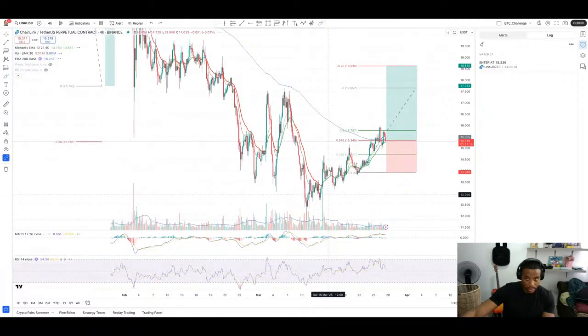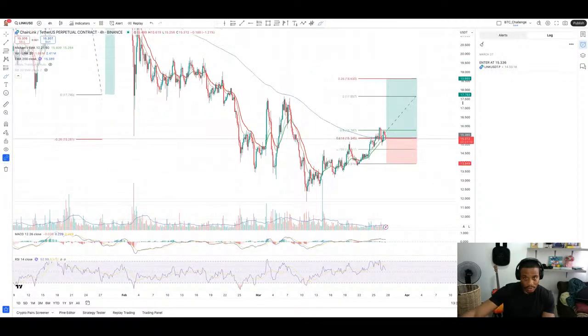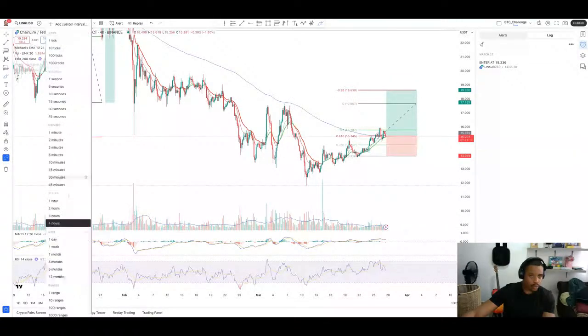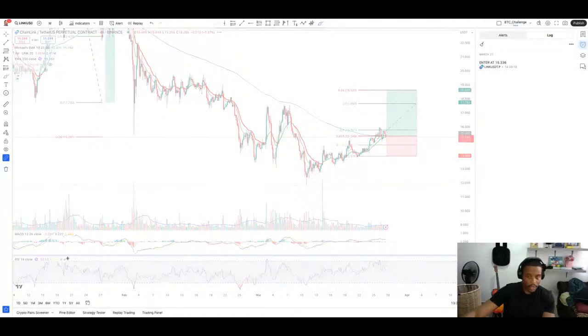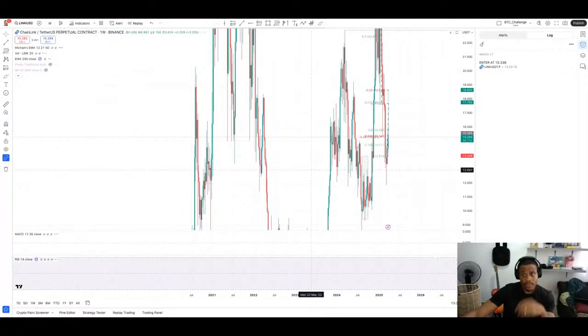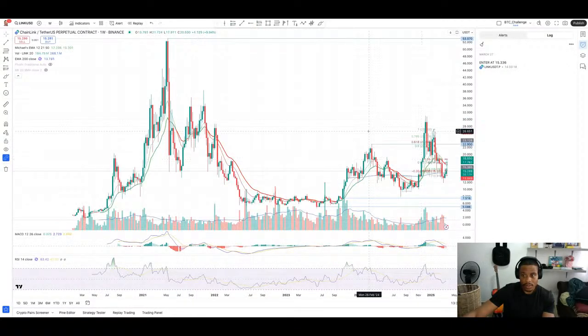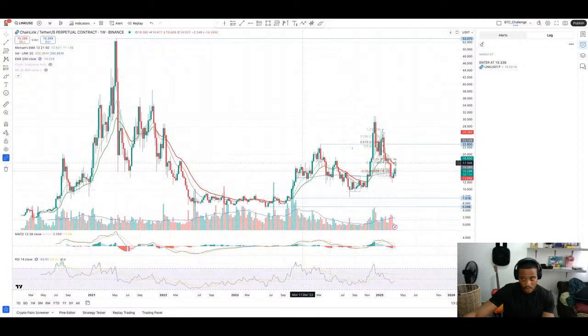Now, I wanted to talk about trading in ranges. If we zoom out a bit to the weekly chart, let's assume my internet is not so slow. On the weekly chart for LINK USDT, you can see the price action we were talking about before: higher highs, higher lows.